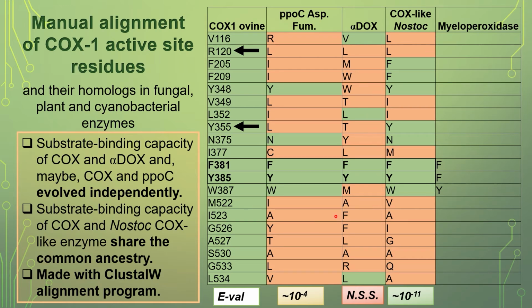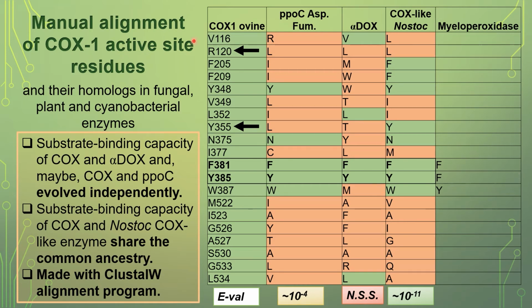Here we can see that the most similarity is observed in the case of the Nostoc enzyme. The least number of similarities is observed in the case of alpha-dioxygenases, and it is confirmed by statistical analysis performed with BLAST.